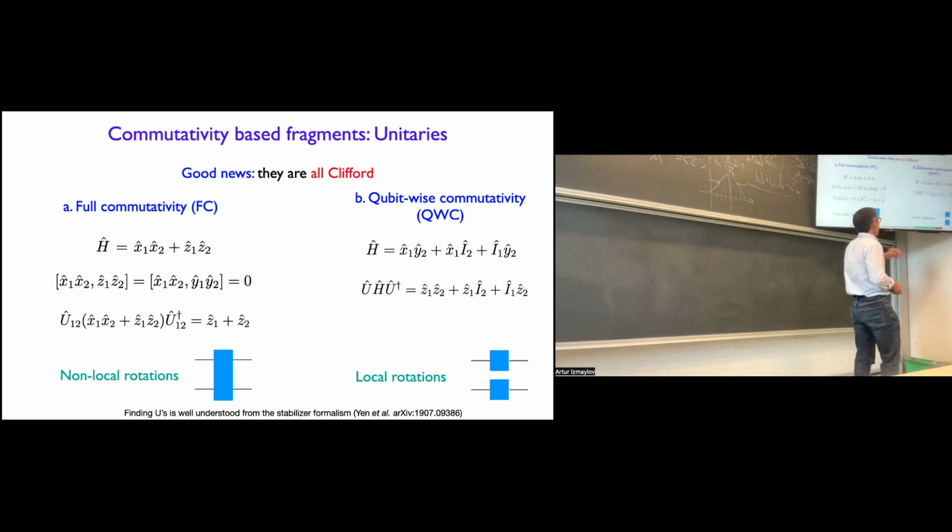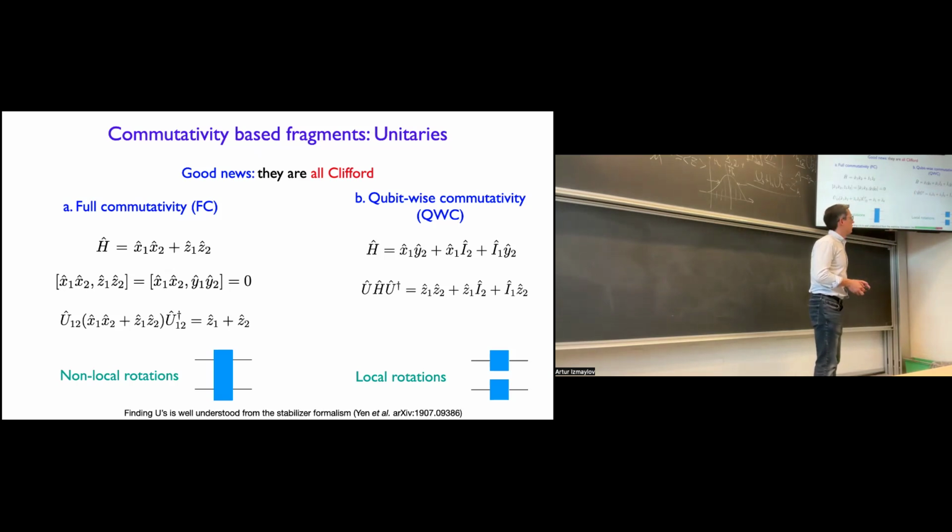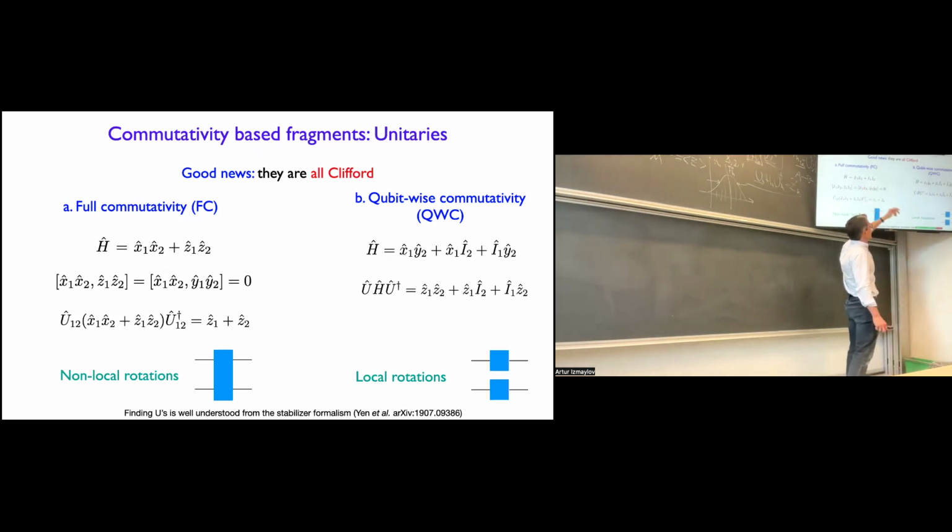So this is an example, X1 Y2, and then two other Pauli products that you can group with that are only X1 identity2 or identity1 Y2, right? Because if you put something that generally commutes with X1 Y2, let's say Z1 Z2, generally commutes, right?